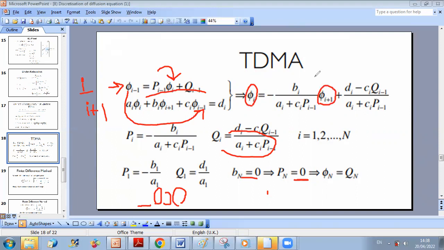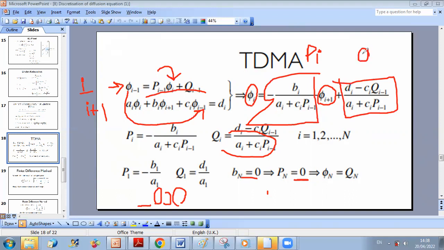And this coefficient will represent Pi. And we can find Pi function of Pi minus 1 and the coefficients Ai, Bi, Ci. And this is Qi. Qi is function of Di, Ci, Ai, and Qi minus 1 and Pi minus 1.